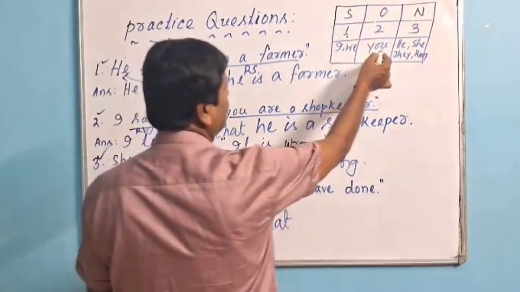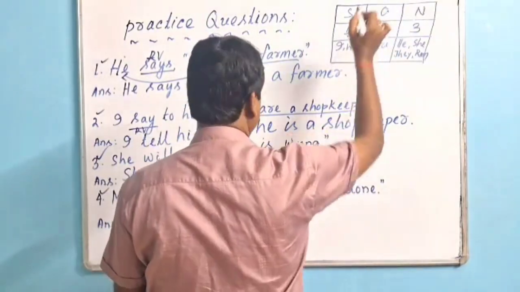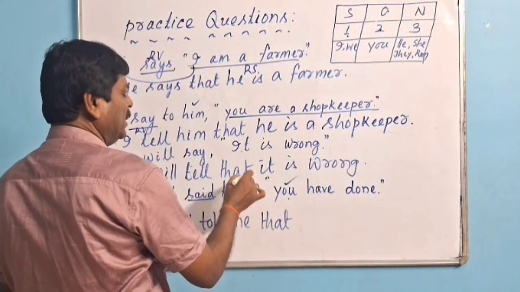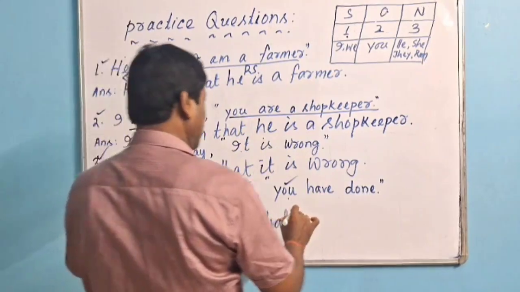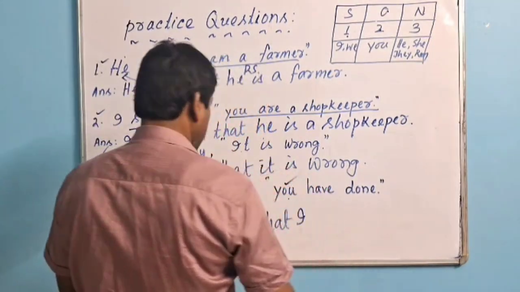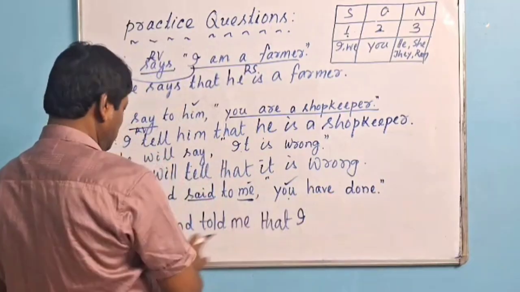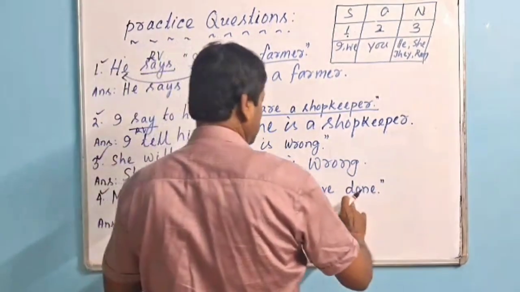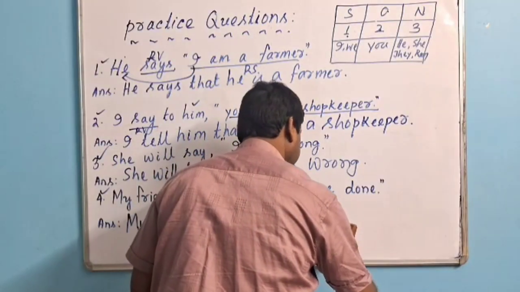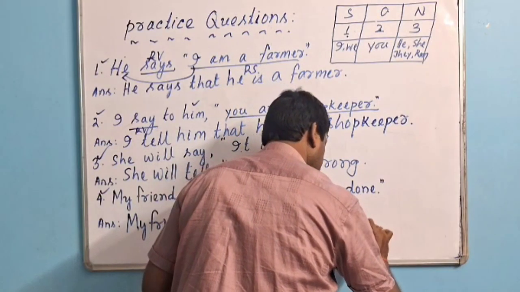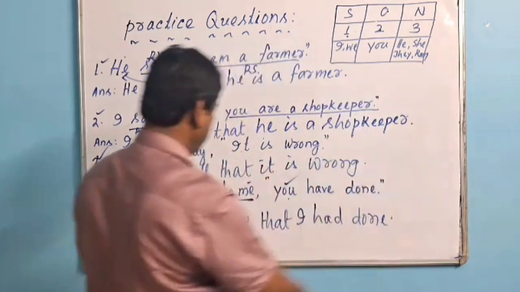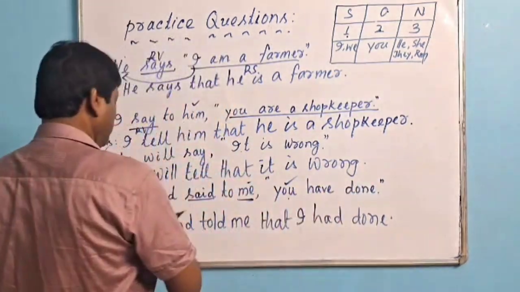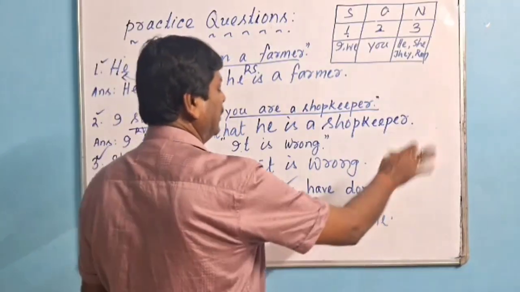You is second person, and second person refers to the object. Here the object is me, so you will change according to me. Me is the object form, its subject form is I. And as the RV is in past tense, the tense will change: I had done. My friend said to me, you have done. My friend told me that I had done.